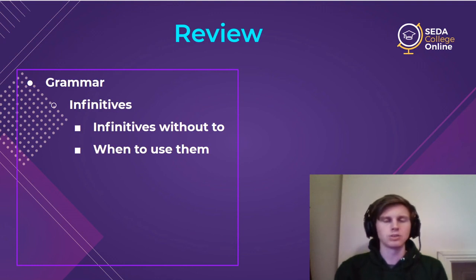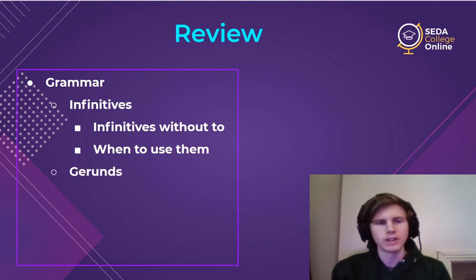So we had rules for infinitives, objects, after adjectives, and we had uses for bare infinitives, such as with make, or let, or hear, or see, and also about how certain verbs just require infinitive.